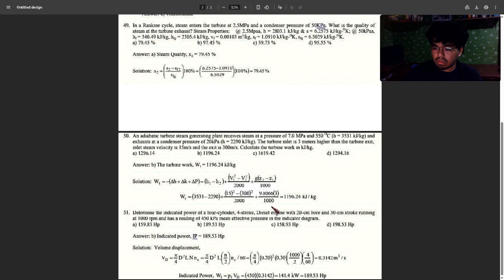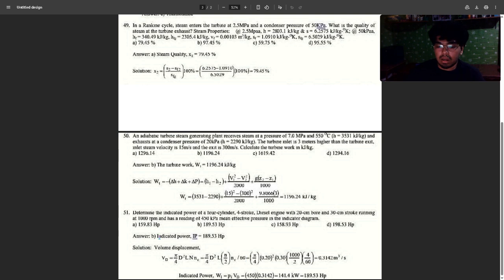Solve this, and our final answer is 1196.24 kilojoules per kilogram. So it will be letter B. The final answer for the work turbine is 1196.24 kilojoules per kilogram, letter B.